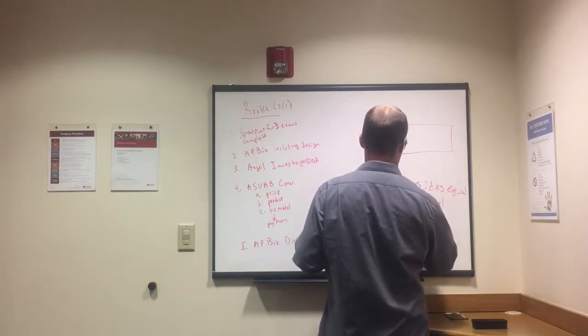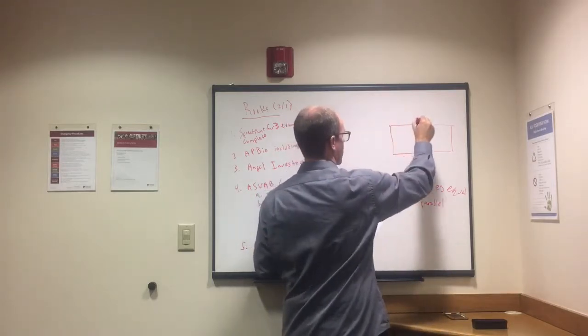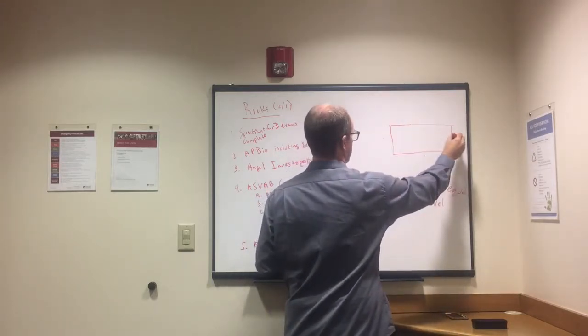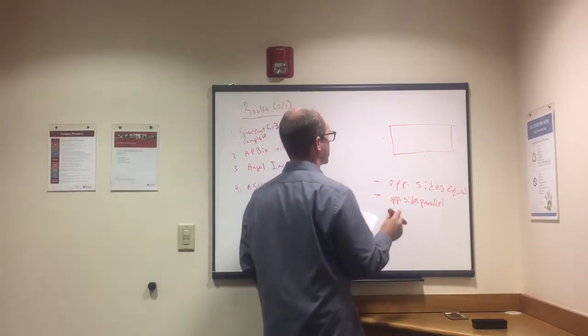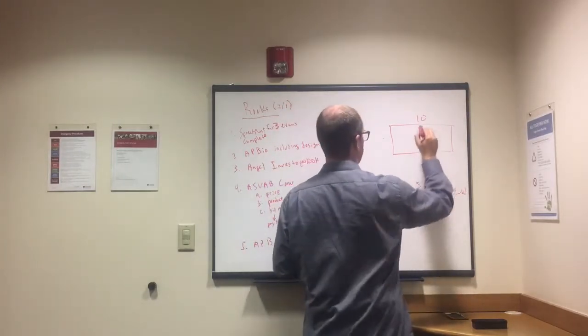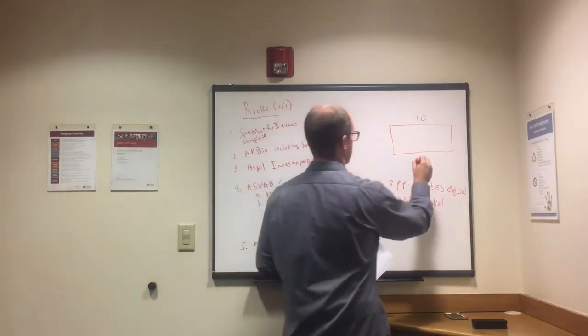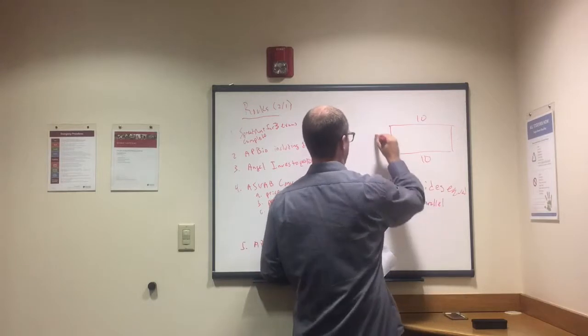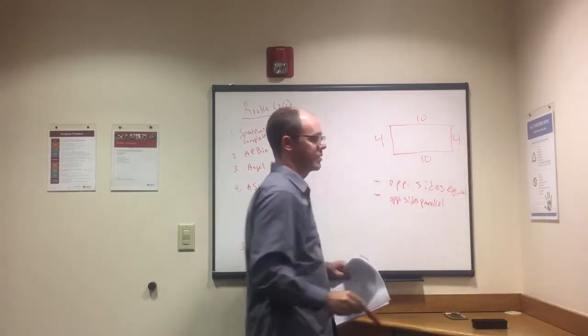So these are opposite sides, these are opposite sides. If this is a 10, you know that this is going to be a 10 right here, no question about it, given that it's a parallelogram. If this is a 4, no question that's a 4.